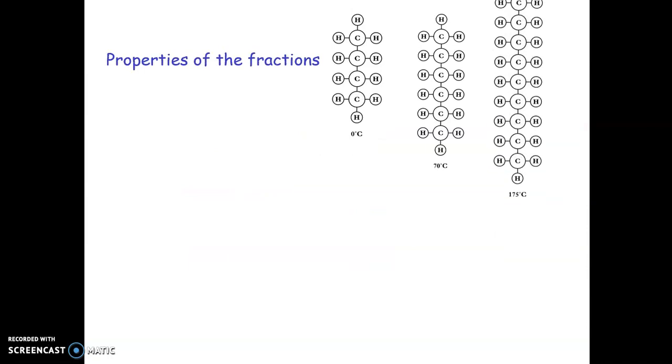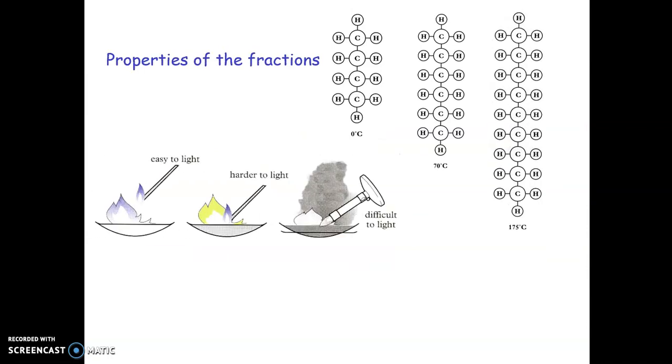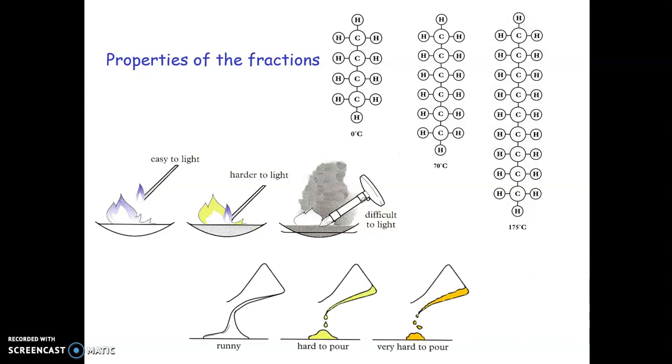So, the properties of the fractions that you need to be aware of are how flammable they are, which is how easy they are to light or set fire to, and also what we call viscosity, which is how thick they are or how easy they are to pour.